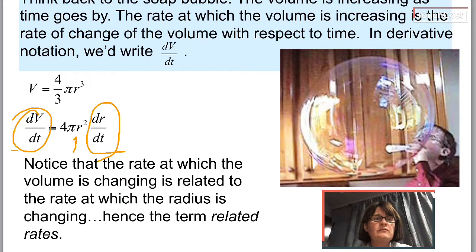So the rate at which the volume is changing is related to, is a function of, the rate at which the radius is changing. That's where the name related rates comes from. We've written an equation where the rate at which one thing changes is related to the rate at which something else changes.